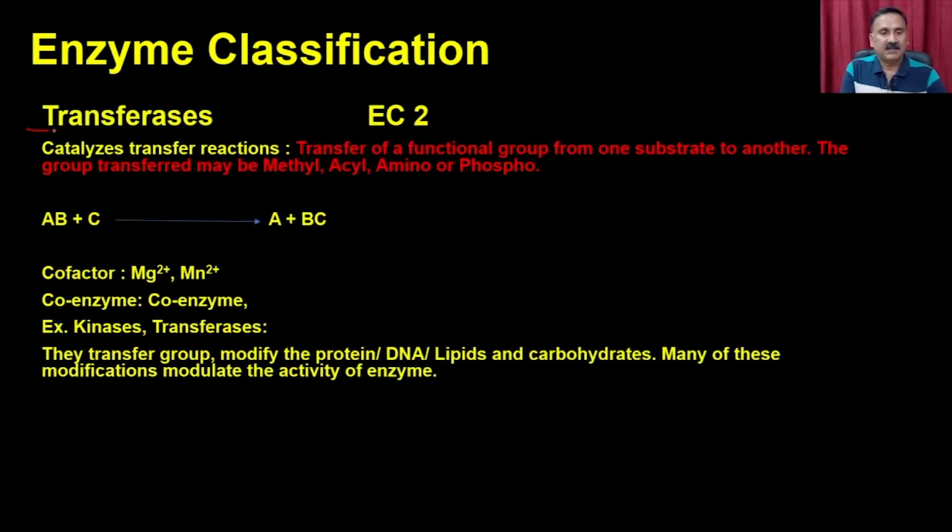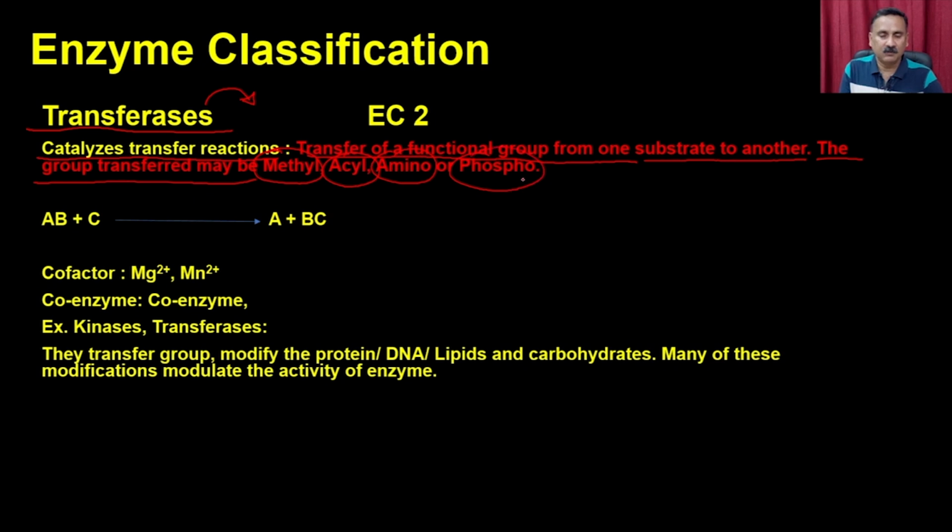As the name suggests, transferases transfer a group from one substrate molecule to another substrate molecule. They catalyze transfer reactions, meaning transfer of a functional group, which could be a methyl group, alkyl group, amino group, or phospho group.